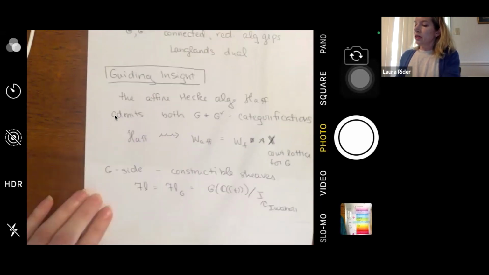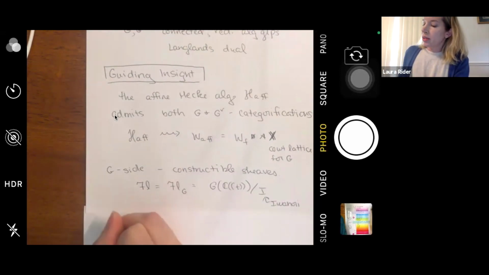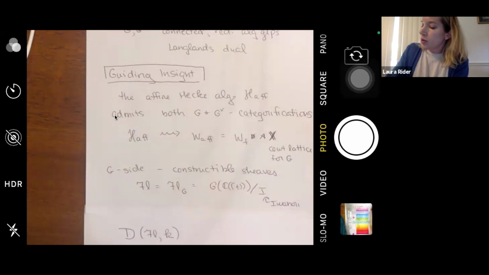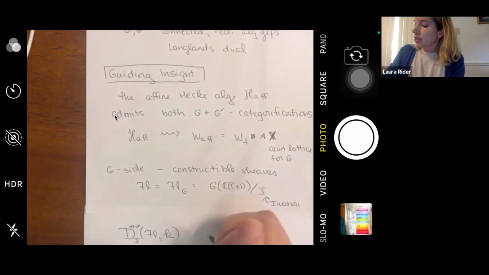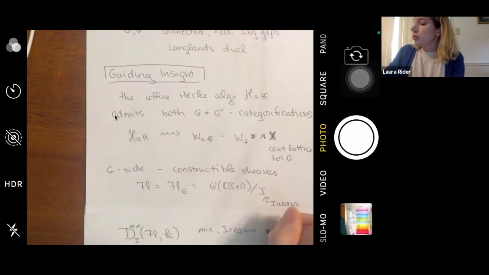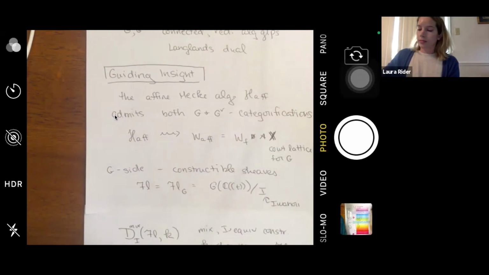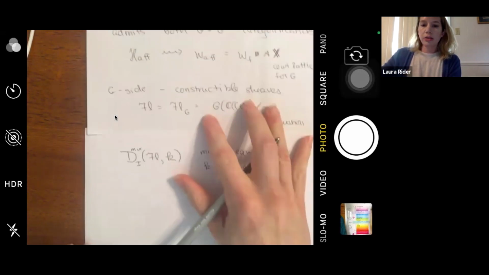And then we consider a category with lots of adjectives. So I want to take Iwahori equivariant, and I also want to impose mixed. So this is the mixed I-equivariant constructible sheaves on the affine flag variety.